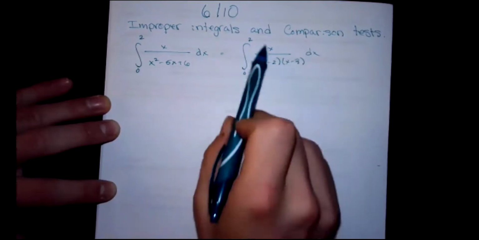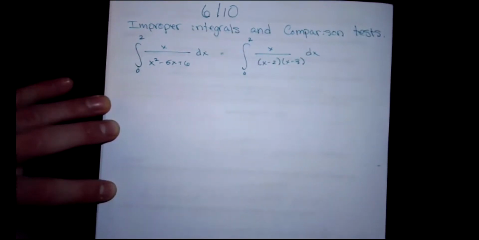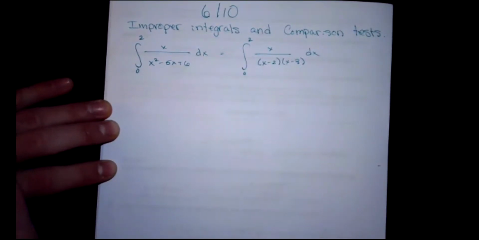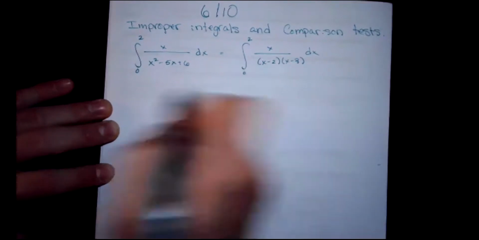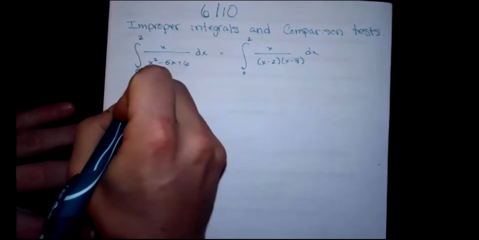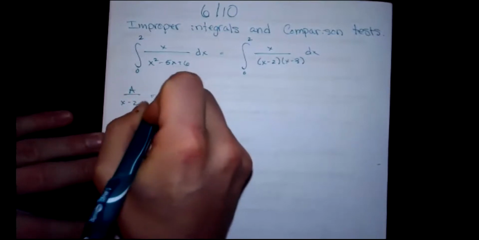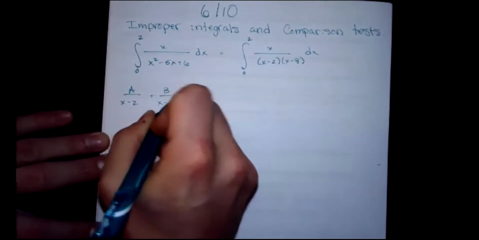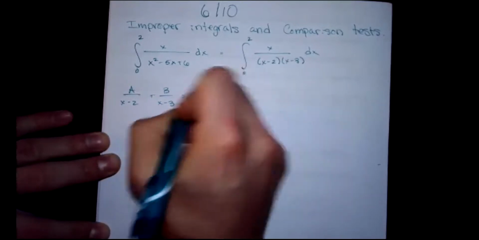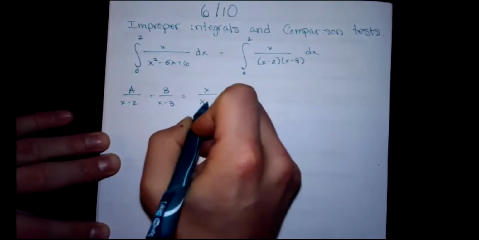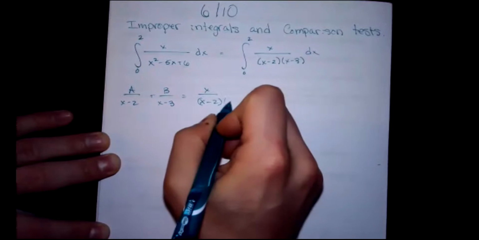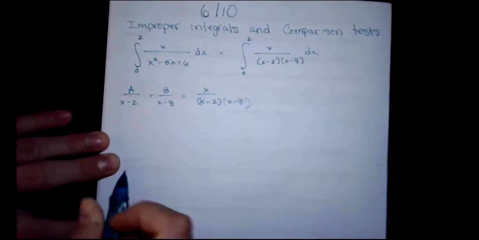To deal with it, let's do a partial fractions technique first, and then determine whether or not we can compute this or if it will diverge. So we've got a over x minus 2 plus b over x minus 3 equals x over x minus 2 times x minus 3.